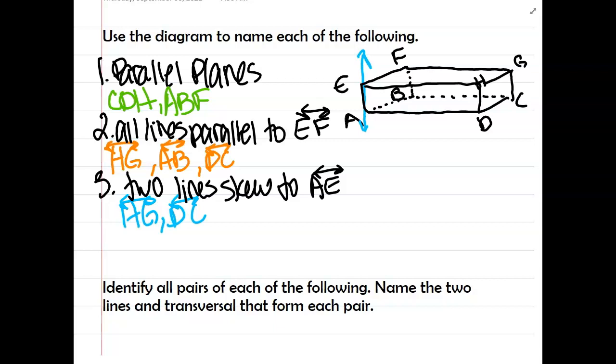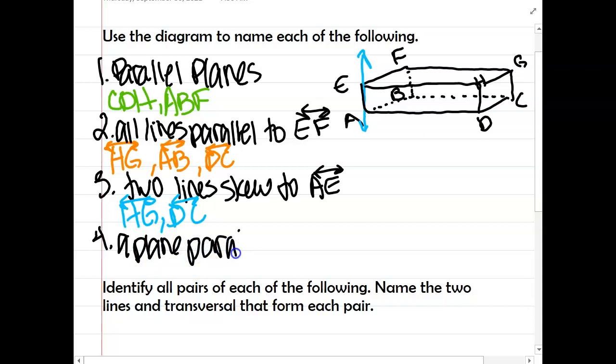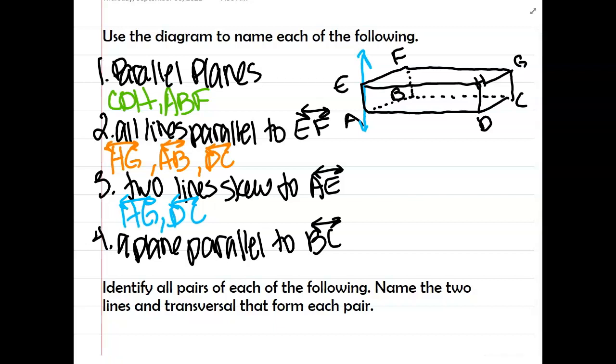Okay. And then last one here for our lovely little drawing. Let's find a plane parallel to line BC. A plane parallel to line BC. Okay, now, keep in mind, what you have to do is understand what they're asking for.